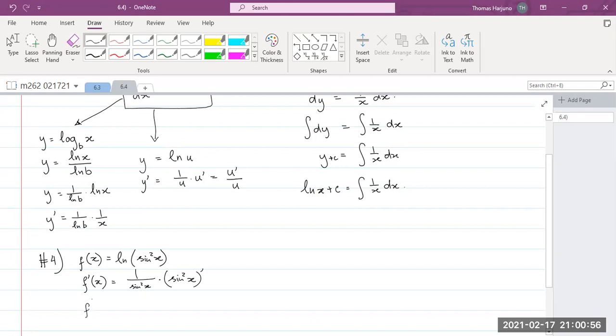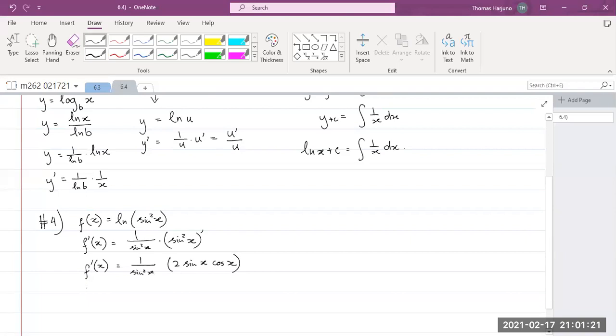Okay, so now I polish that. This is 1 over sine squared x, and the derivative of sine squared is 2 sine x cosine x. Right? One of the sines cancels. So I get 2 cotangent x.